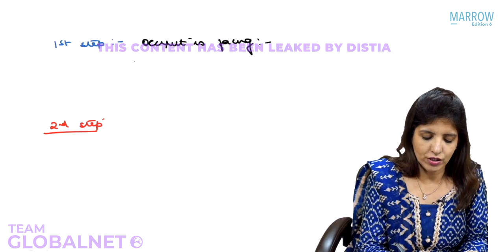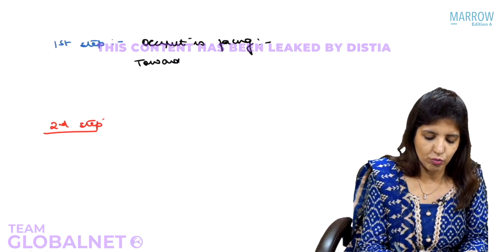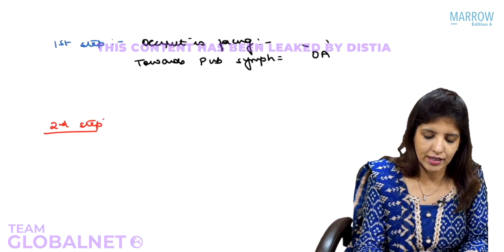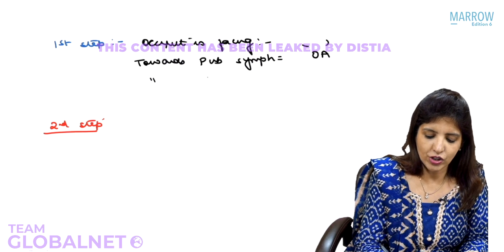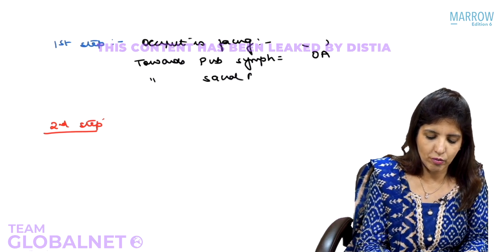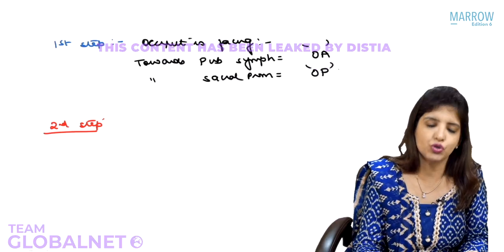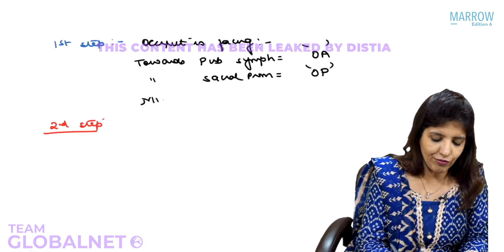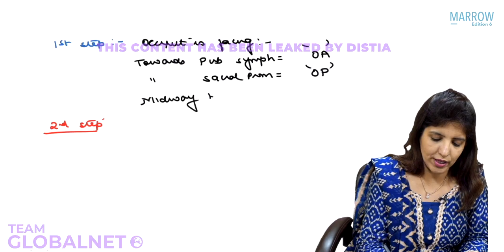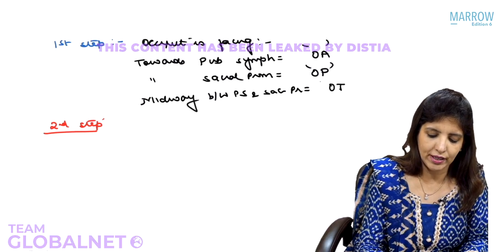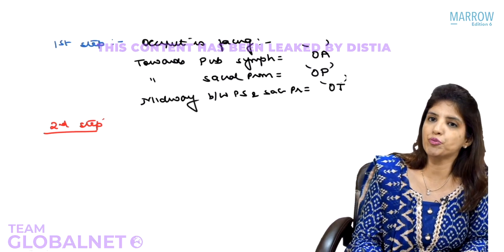If occiput is facing towards pubic symphysis, that means you are dealing with occipito-anterior positions. If it is towards sacral promontory, that means you are dealing with occipito-posterior positions. If it is midway between pubic symphysis and sacral promontory, that means you are dealing with occipito-transverse positions.